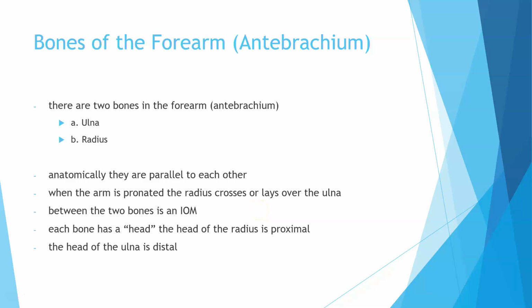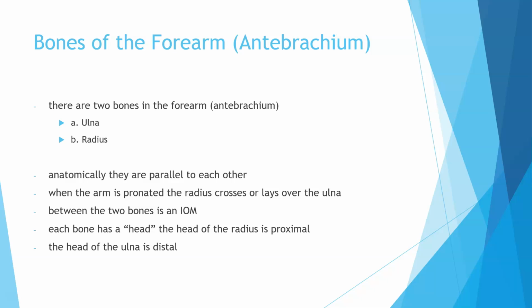So again, remember that the forearm is actually termed the antebrachium, whereas the upper arm is considered the brachium. And as we now know, there are two bones related to the forearm: the ulna, which is on the medial aspect of the forearm in the anatomical position, and of course the radius, which is on the lateral aspect.